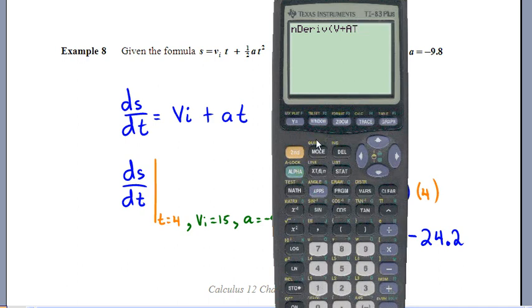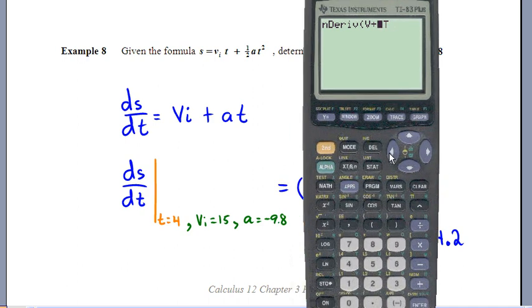Oops, sorry, I'm looking at the wrong one. It should be up here. Try that again. VT, my apologies, plus 0.5 times A times T squared.